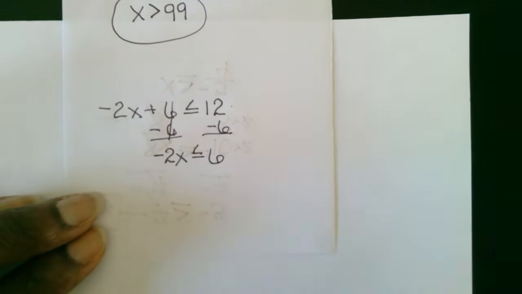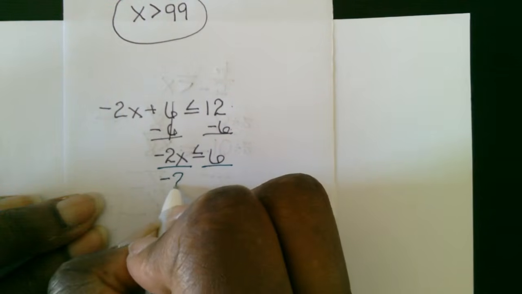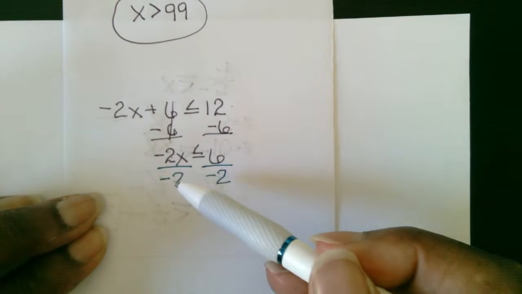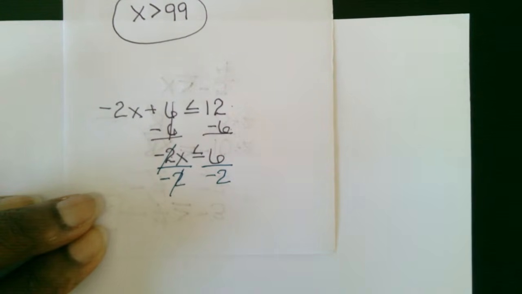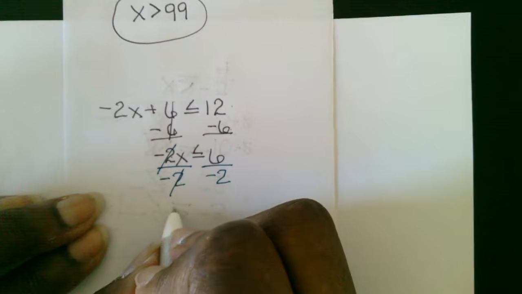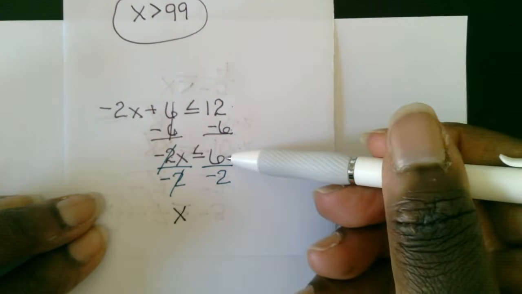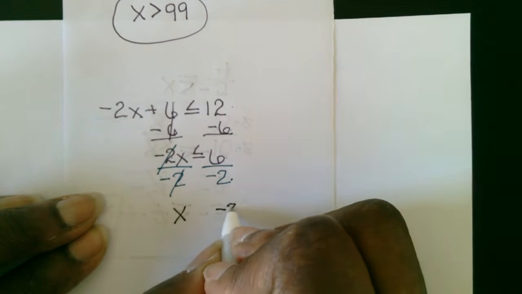So what do I do? I divide both sides by negative 2. Negative 2 divided by negative 2 gives me 1, so 1x and x mean exactly the same thing. Now we have 6 divided by negative 2, that gives me a negative 3.